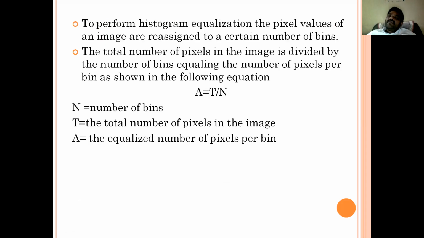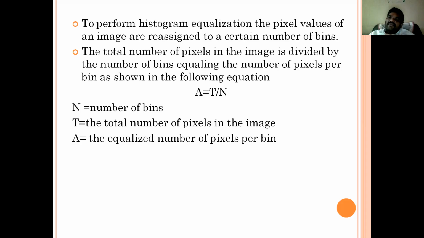The histogram equalization: pixels of an image are reassigned to a certain number of bins. What is a bin? The total number of pixels in the image is divided by the number of bins, that means categories.